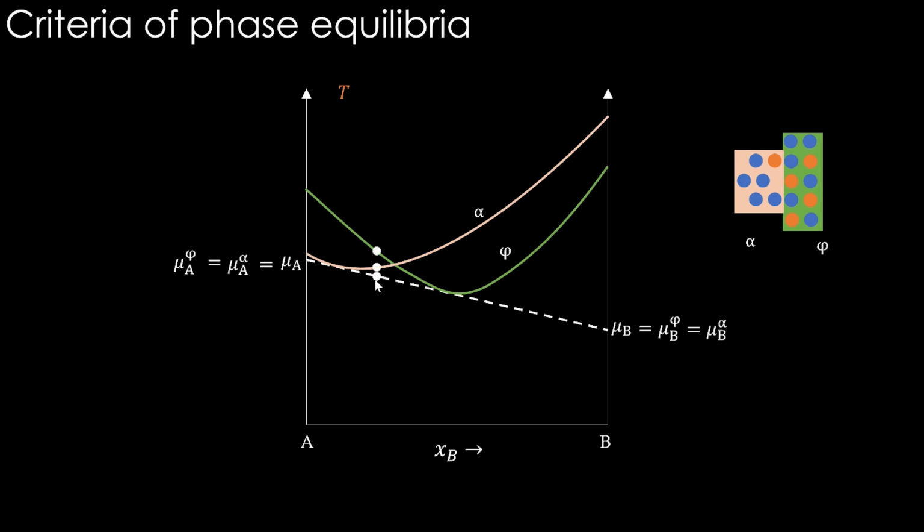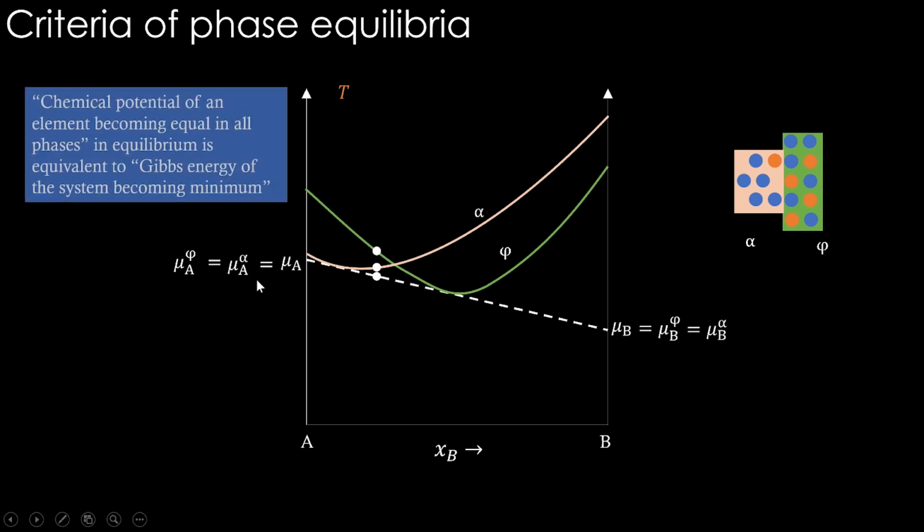So what happened is Gibbs energy actually dropped from here to here when we started making chemical potential equal across the phases. So Gibbs energy minimization and chemical potential equalization are the same. Therefore, chemical potential of an element becoming equal in all phases in equilibrium is equivalent to saying Gibbs energy of the system becoming minimum.